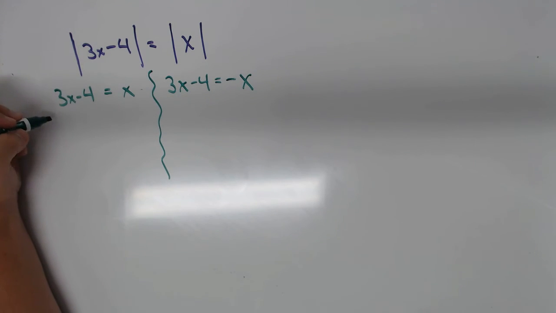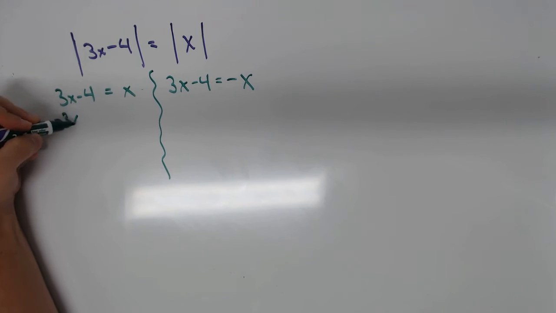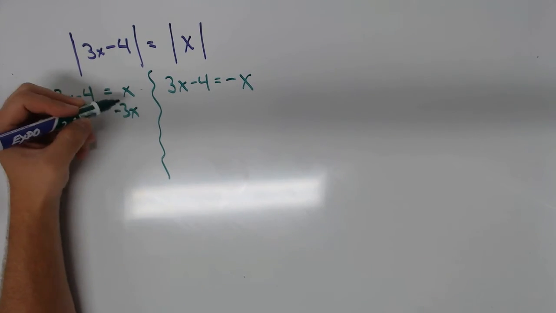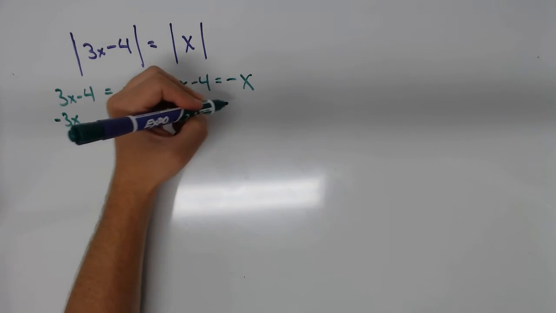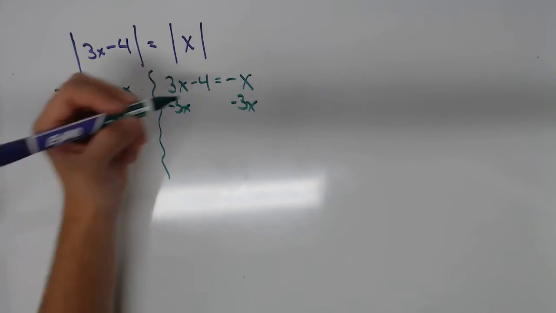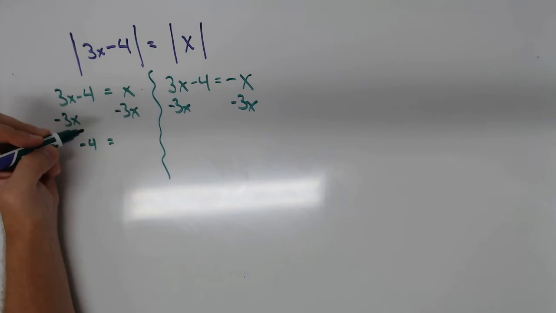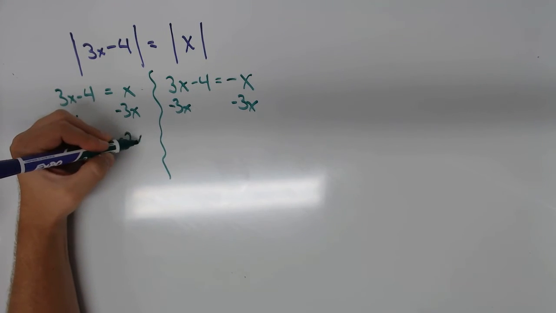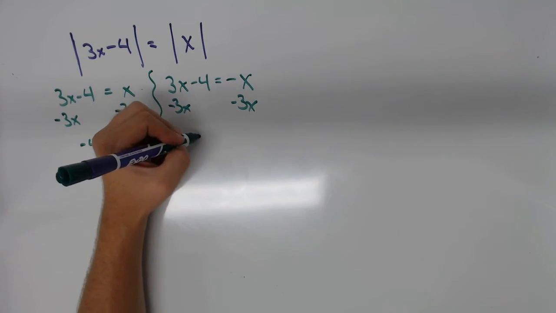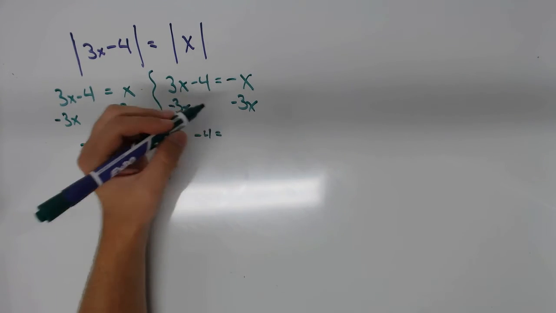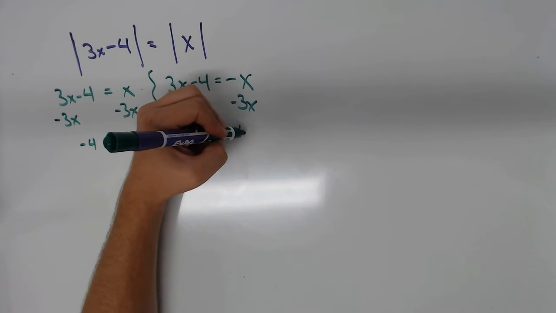All right, so if we're solving, I would subtract 3x on both sides to get the x's together. Remember our strategies from 1.3. So I'm left with a negative 4 over here, and x minus 3x is negative 2x. Left with a negative 4 over here as well. Negative x minus 3x is negative 4x.